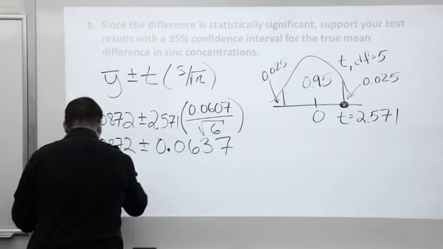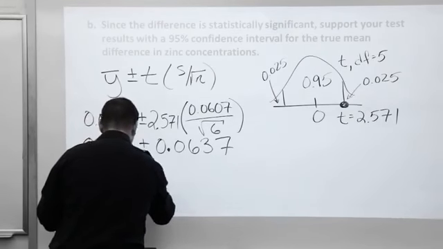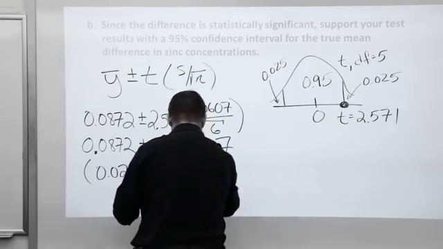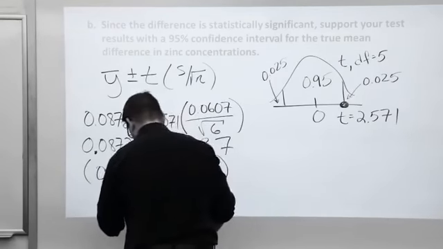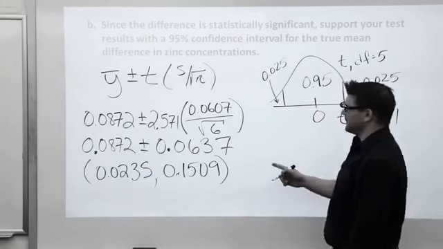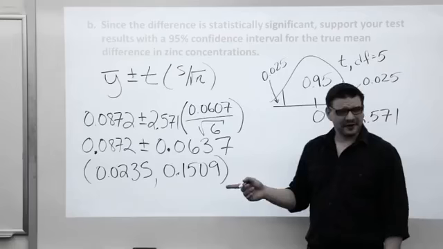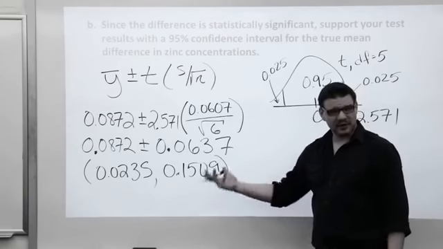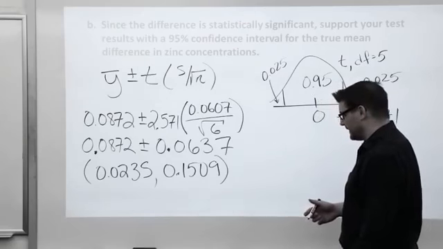Subtract, I get 0.0235. Add, I get 0.1509. And this was in what, milligrams per liter? So these are measurements. I guess they're taking water samples and how many parts of zinc are in the liter.